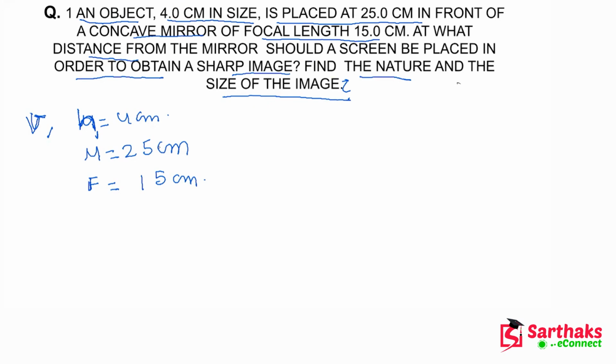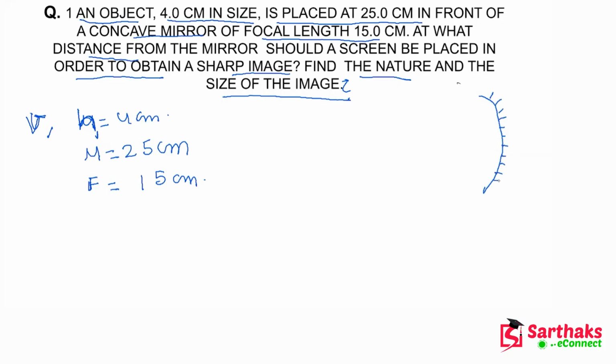So I have done one mistake, and that is I haven't considered the sign convention here. I haven't put a sign while writing these terms. Now you correct me, which sign should I add here? Here we are discussing the case of a concave mirror.